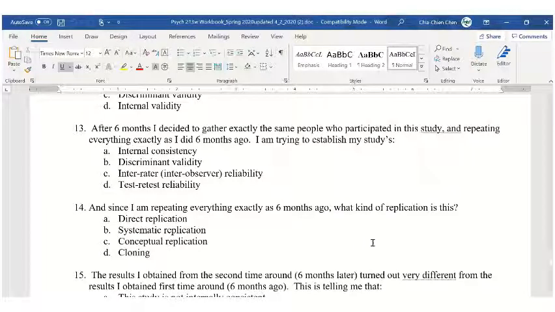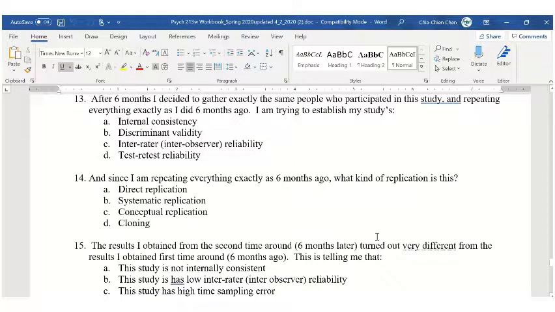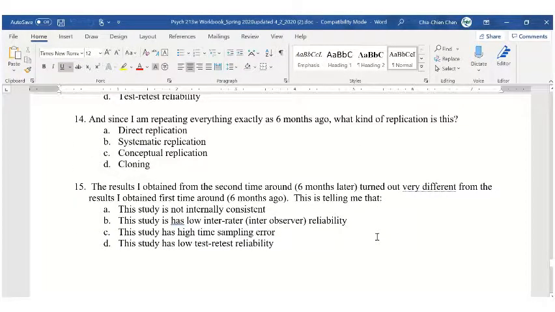So D is for number 13. Number 14, since I am repeating everything exactly as 6 months ago, what kind of replication is this? This would be a direct replication, because you're doing exactly the same thing that you did 6 months ago.